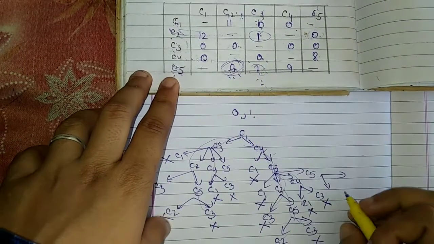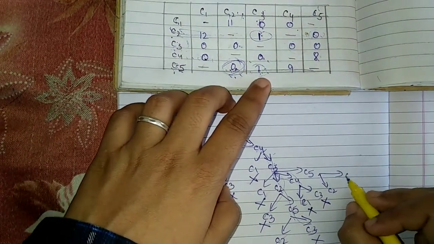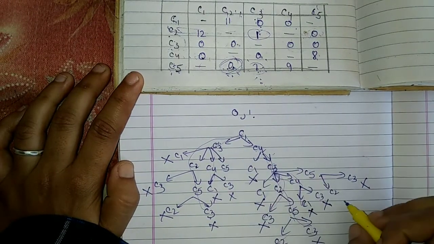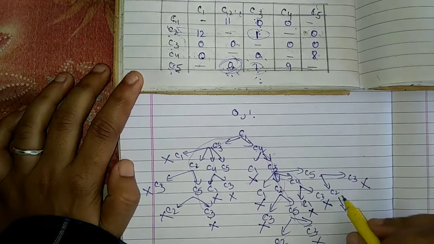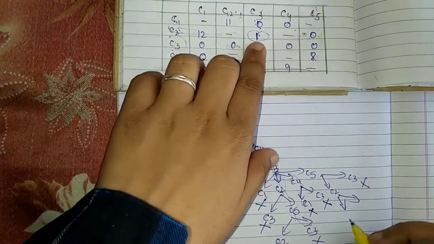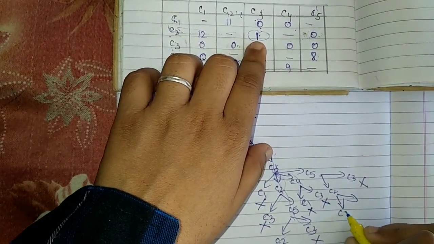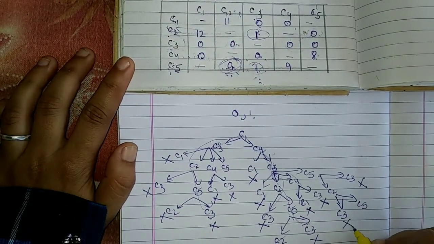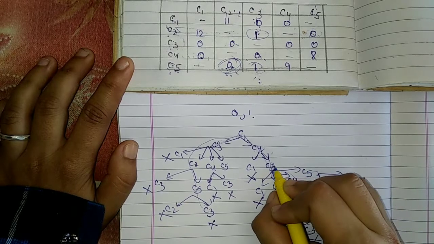C5, 0 and 1 at C2 and C3. It is unfavorable because it is already covered here. C2, 1 or 0, 1 at C3 and 0 at C5. It is unfavorable because it is already covered here.